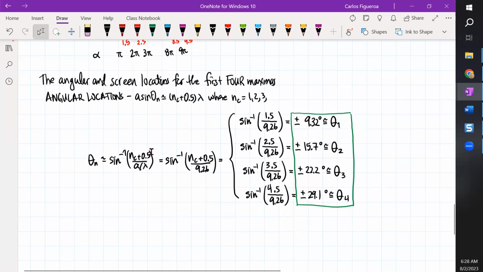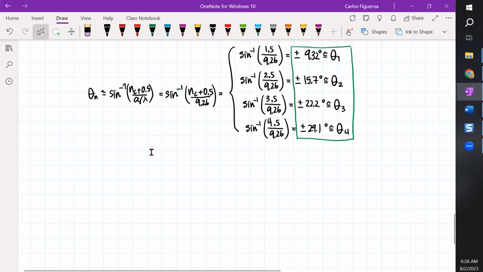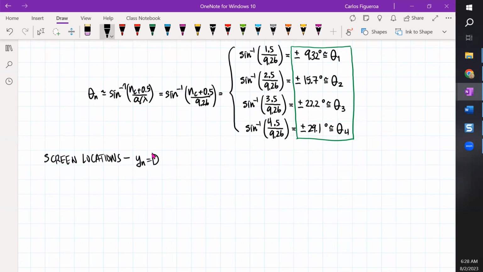So now let's repeat the same process for the screen locations. We're going to use the relationship yn equals D tan θn, but in this case the screen is 2.0 meters, times the tan of θ.